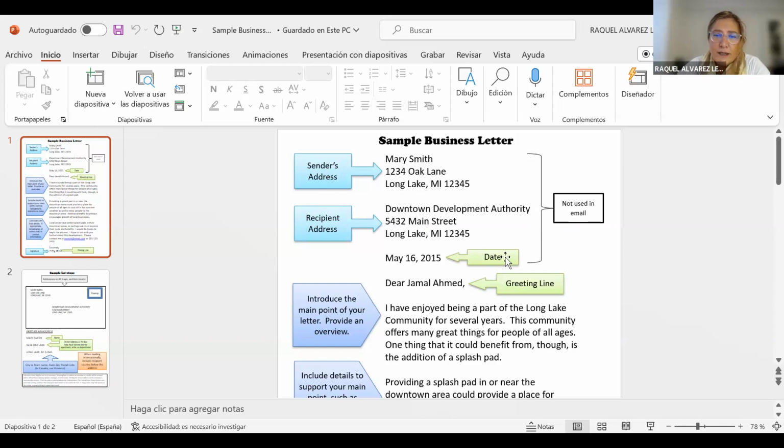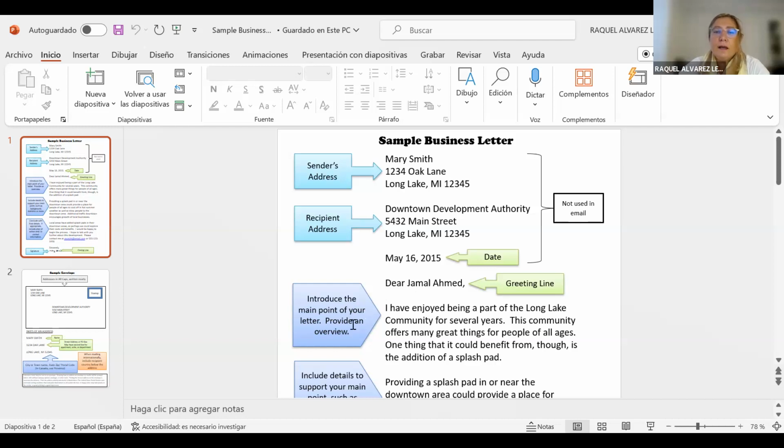Important also the date, okay? And important also the salutation or greeting line. Dear Jamal, dear Mr. Ahmed, or to whom it may concern, okay?